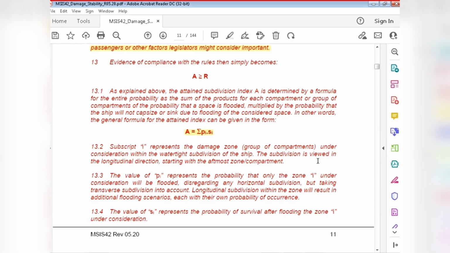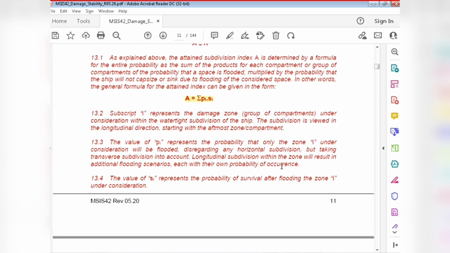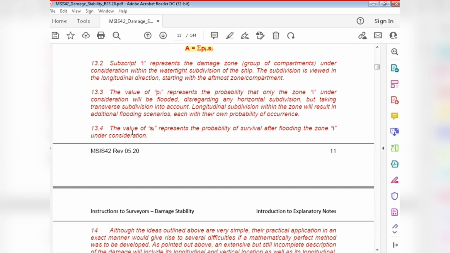The subdivision is viewed in the longitudinal direction starting from the aftermost zone or compartment. Pi represents the probability that only the zone i under consideration will be flooded, disregarding any horizontal subdivision, but taking transverse subdivision into account. Longitudinal subdivision within the zone will result in additional flooding scenarios. The value Si represents the probability of survival after flooding the zone i under consideration.